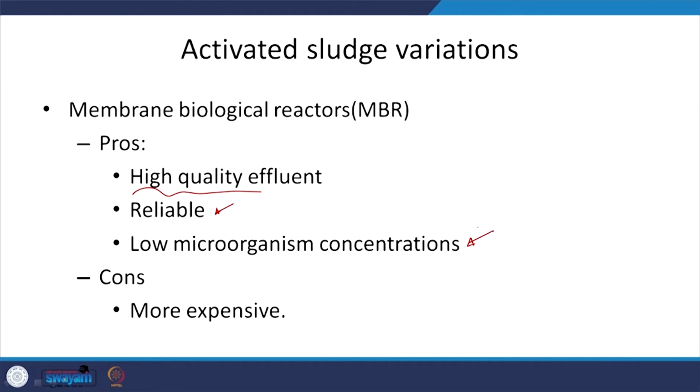in the system. But obviously, compared to the conventional ASP process, MBR is relatively more expensive, depending upon the maintenance of the MBR. You can have fouling of the membranes, right? Over time, you are going to have fouling, as in you have these nano or ultrafiltration membranes. The size of the pores is very small.